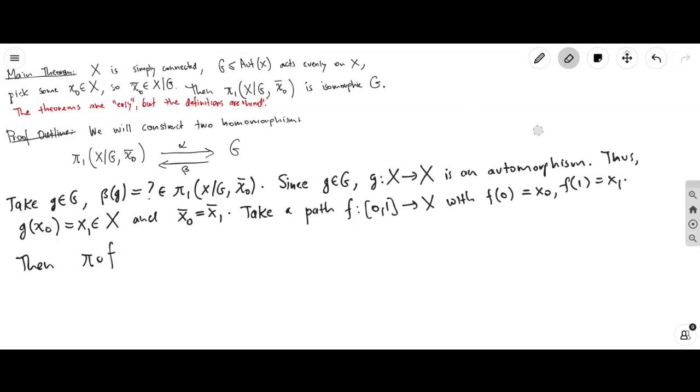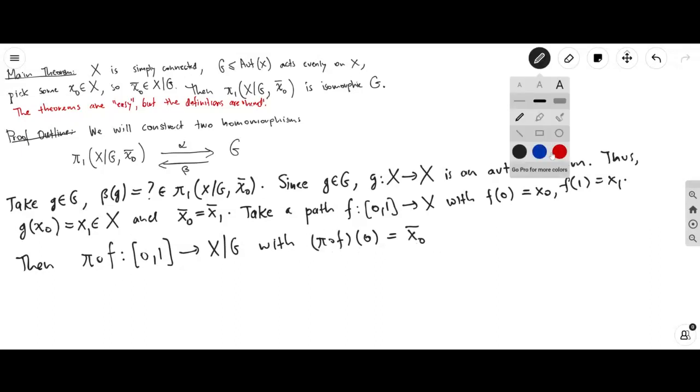So then pi composed with f would be a map from the interval into your quotient space, with pi of f at 0 being equal to x0 bar. So you can just say this is f bar.